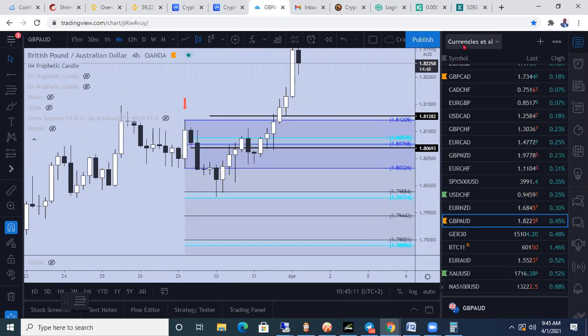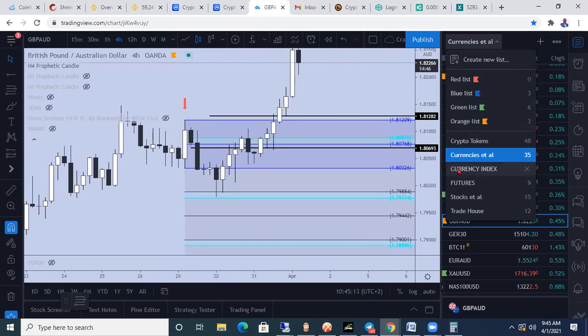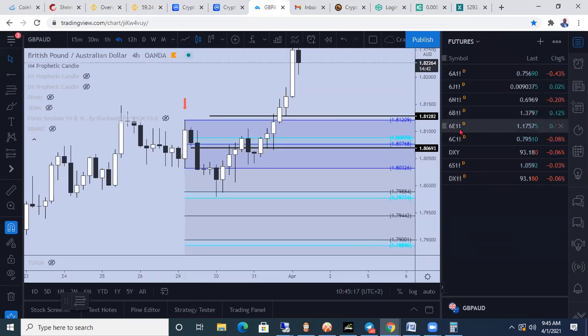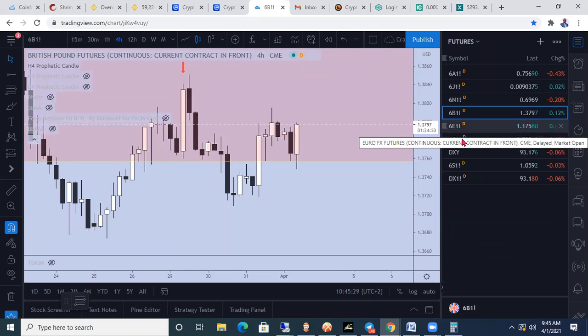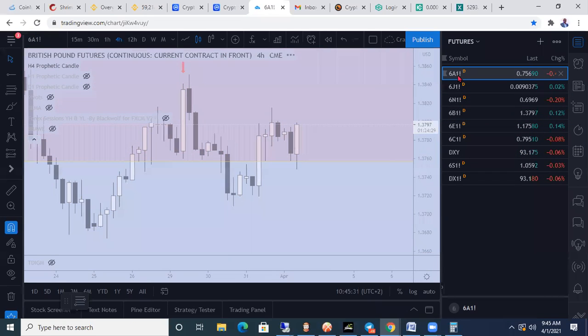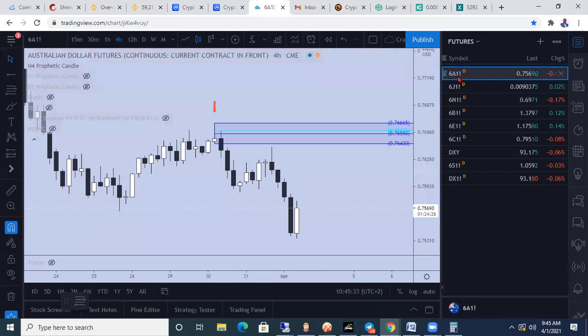But let's look at GBP from our currency index. On the 29th, we got a breakout telling us GBP was going to be weak, and we also had tendency that AUD is going to be weak.